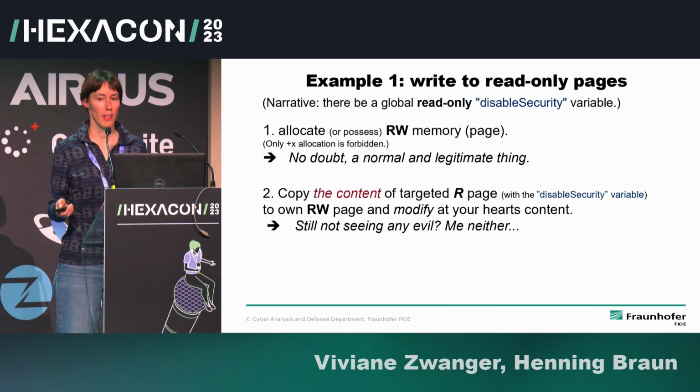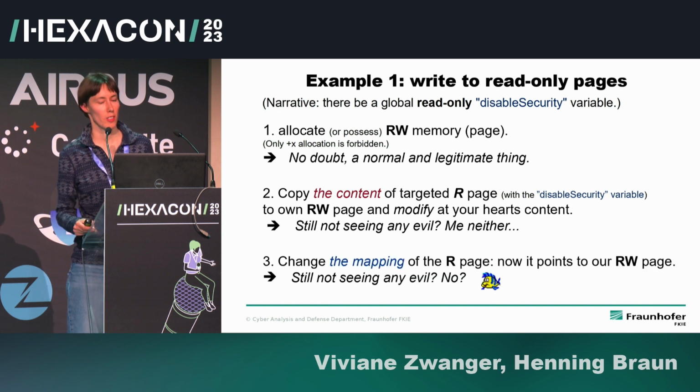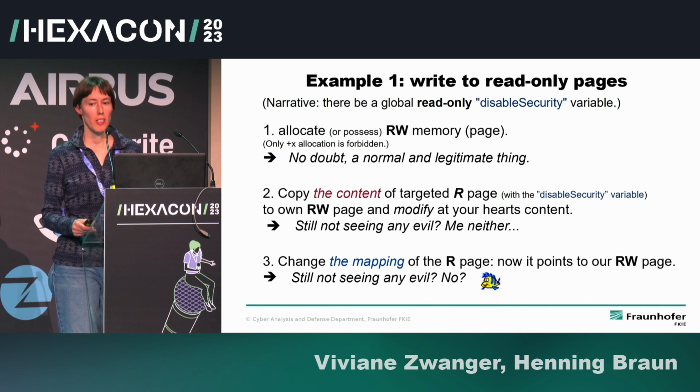Everything should be fine at this point, but this changes at the third step, because here we take the page frame number from our read-write page with the disable security variable set to true, and we put it on the real read-only page table entry, and at this point, this page will point to our modified bytes. That means that we just changed a security critical variable, and formerly it was false, and now it is true. So now security is disabled.